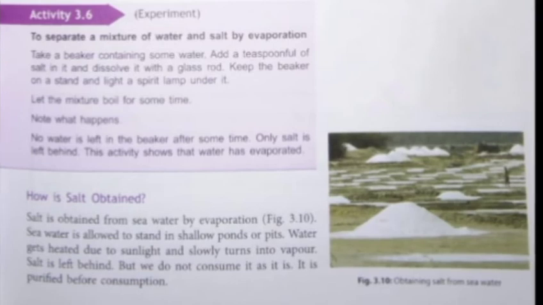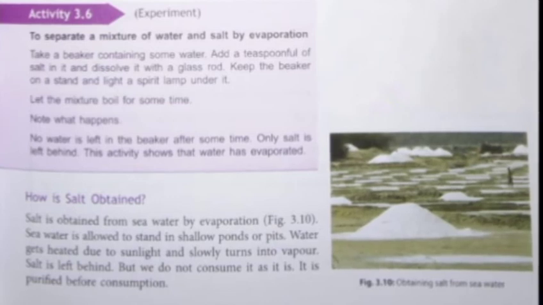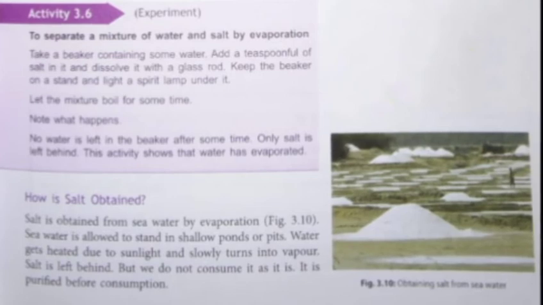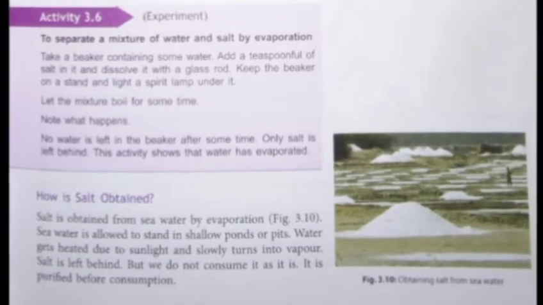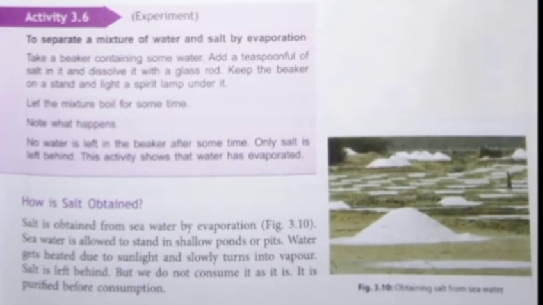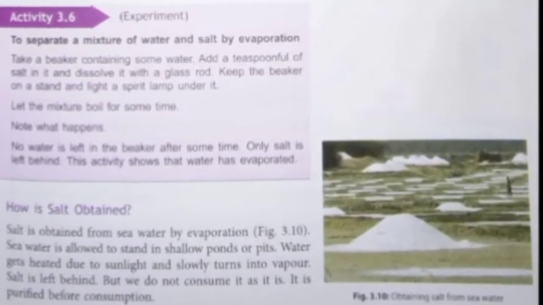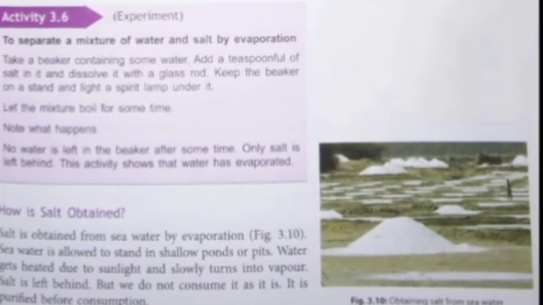The seawater is allowed to stand in shallow ponds or pits. The water, due to the sunlight, gets heated and slowly turns into vapor. The water evaporates and we are left with the salt behind. But we do not consume it as it is. Firstly, it is purified, and then after purification we consume it.